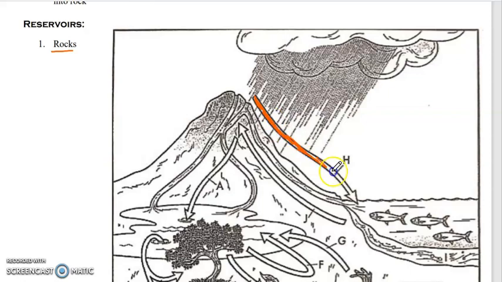Our erosion would be represented here by arrow H because we see rain is hitting the mountain and the phosphorus is running off. I think we could also show it this time with arrow A. It's entering a smaller pond as opposed to a larger body of water, but still erosion. So we can say A and H is showing that.